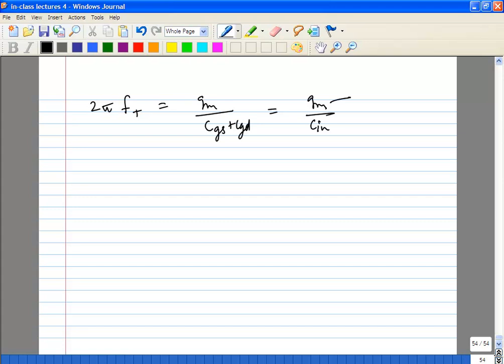We know that GM goes as square root of I. So if you double your current, you will get a 1.4 times increase in FT. That is assuming a long channel transistor. For a short channel, you will probably get much less than that, because you're going to have velocity saturation.